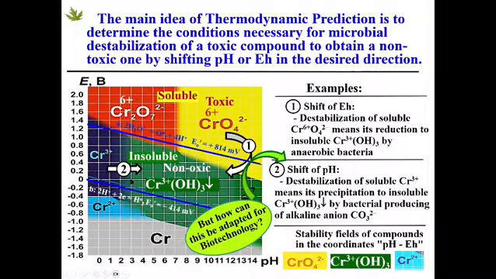And it is obvious from this picture that a decrease of redox potential leads to forming the reduced form of chromium-6, chromium-3 hydroxide, with irreversible precipitation. So we must use this thermodynamic prediction to find the best metabolic pathway to precipitation of chromium-6.